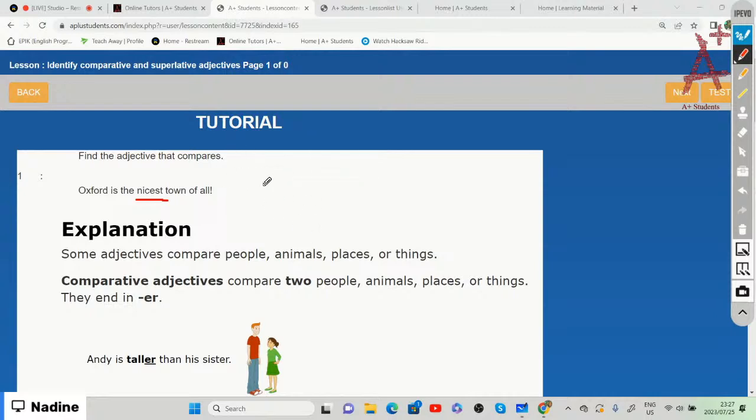And then we can say this is a superlative adjective. It compares the place, Oxford, to basically all the other towns within that city, province, or state. And why do we know it's superlative? It's because it ends in est.